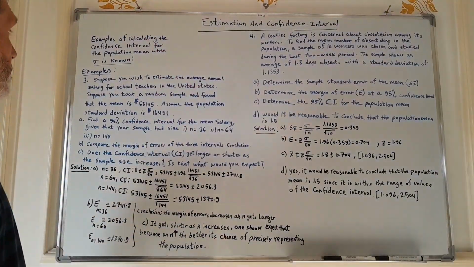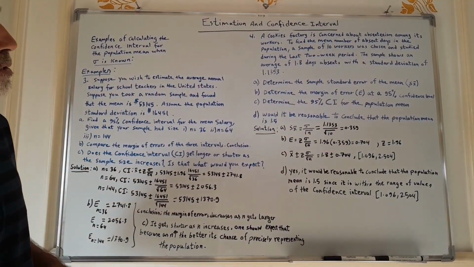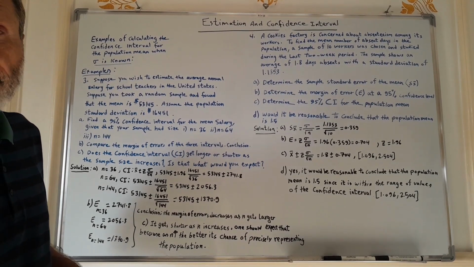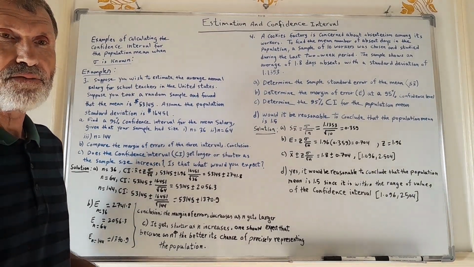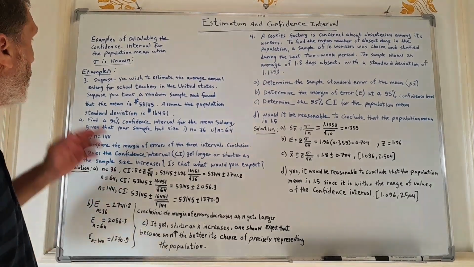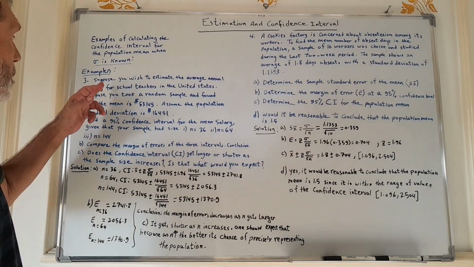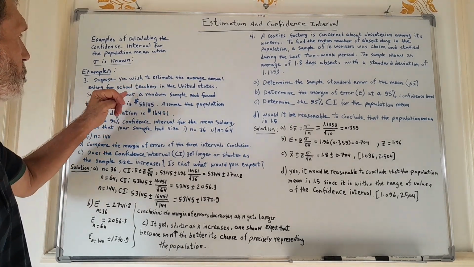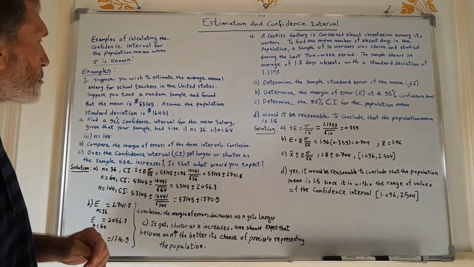Okay, still, we are solving problems concerning the confidence interval when the standard deviation of the population is known. Problem number 3: suppose you wish to estimate the average annual salary for school teachers in the United States.